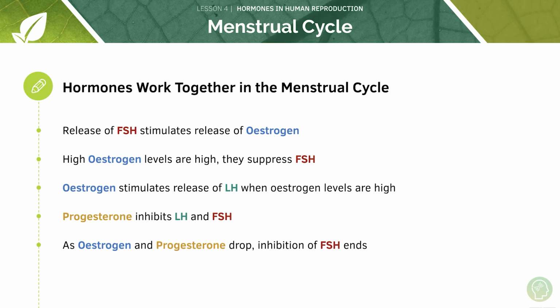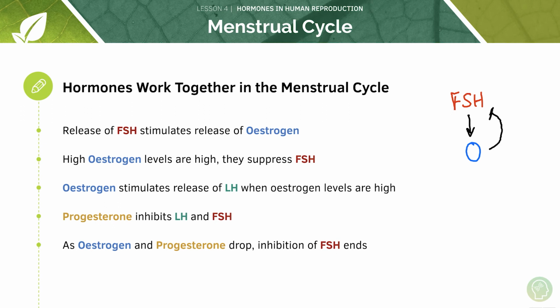using diagrams. So we know that release of FSH stimulates the release of estrogen. Oopsie, that all disappeared. So let me just quickly jot that down again. So we have our FSH, which is going to stimulate release of estrogen.